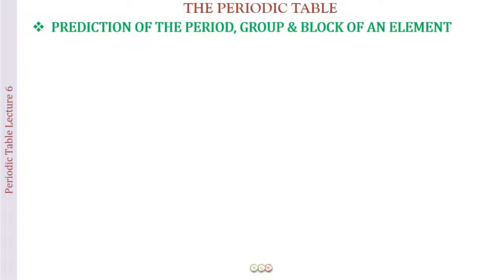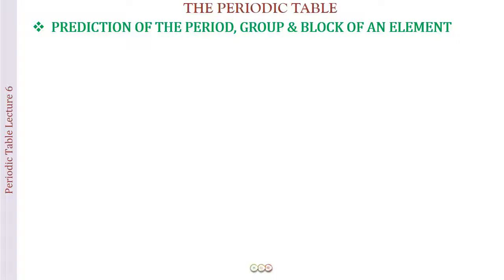So all that you require here to predict the period, the group, the block of an element is the knowledge of the electronic configuration. If you know how to write the electronic configuration for an element, then things are really simple for you. Let me explain how.